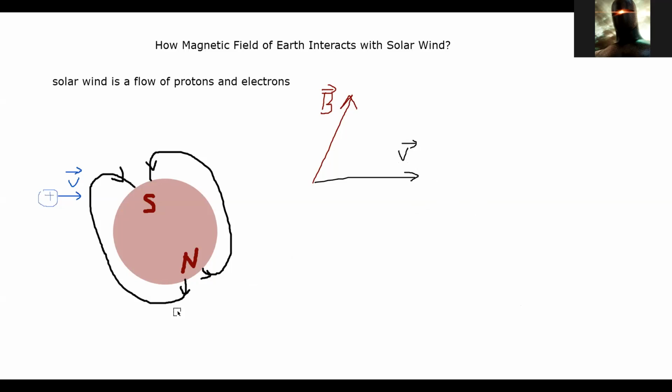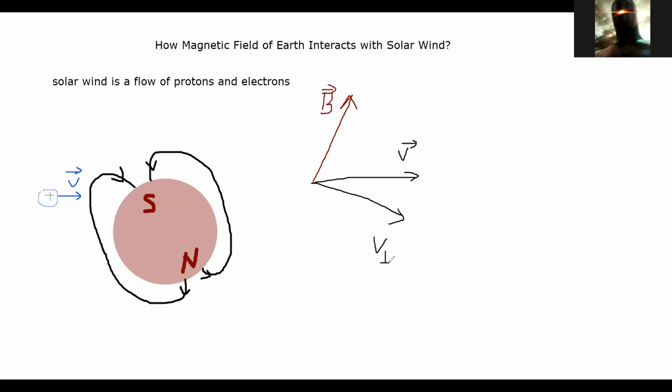Okay, so now we can resolve this vector into 2 directions. So we're going to draw 2 components. I'm going to draw this component here. So this will be the perpendicular component.